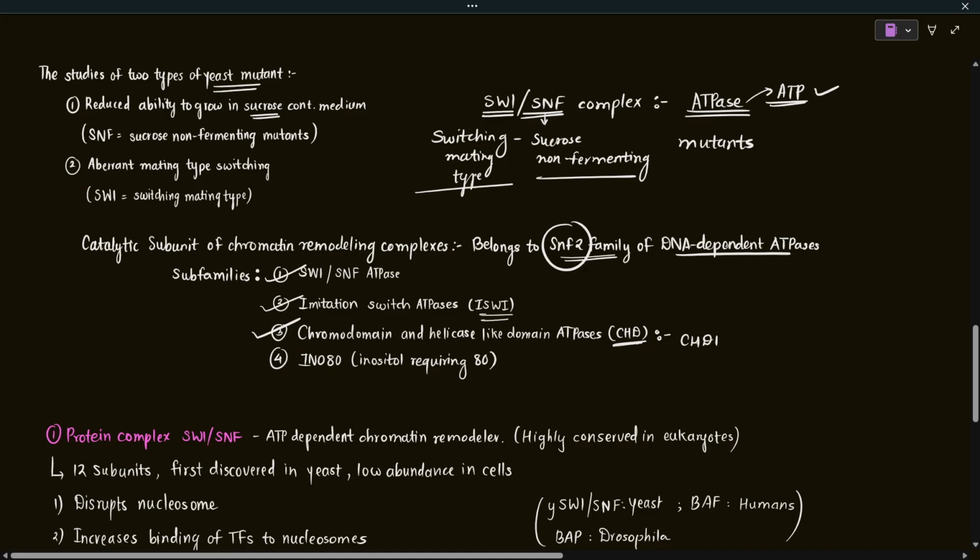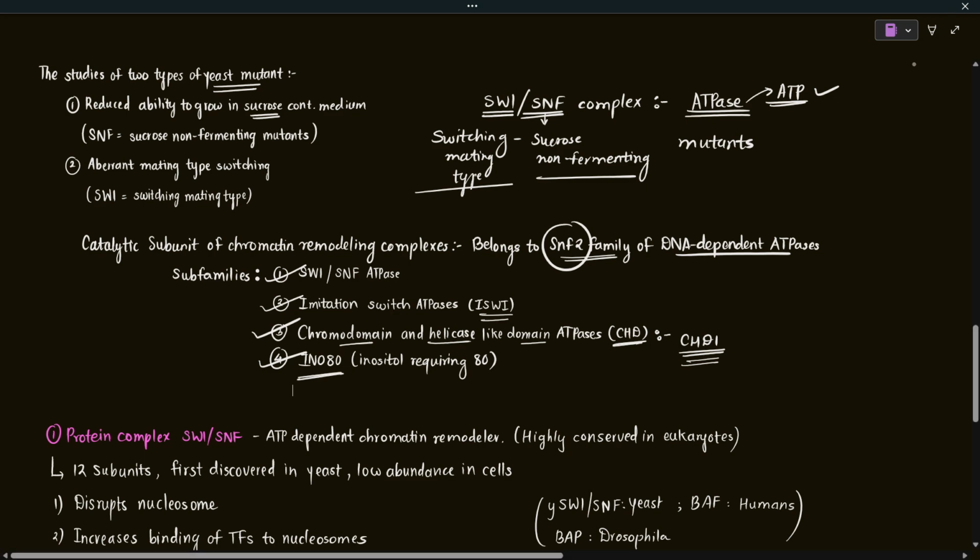You remember when we were learning about nucleosomal assembly, we learned about a research paper published in 2005, where they used CHD1, this chromatin remodeler, to establish the fact that both histone chaperones as well as chromatin remodelers alongside ATP enhance nucleosomal assembly. I hope you remember CHD1, the chromodomain and helicase-like domain ATPase. The other one is the inositol requiring ATPase, INO80. These are the subfamilies of the catalytic domain of the chromatin remodeling complexes.